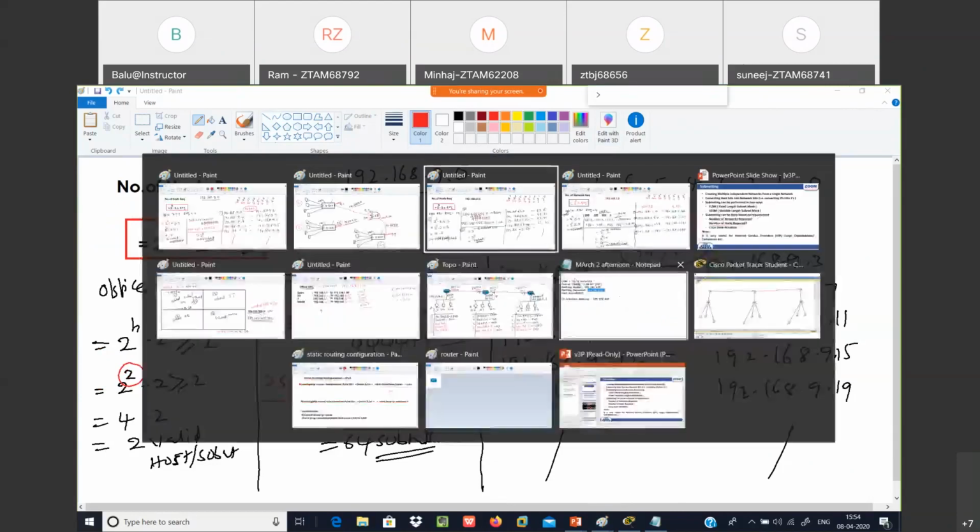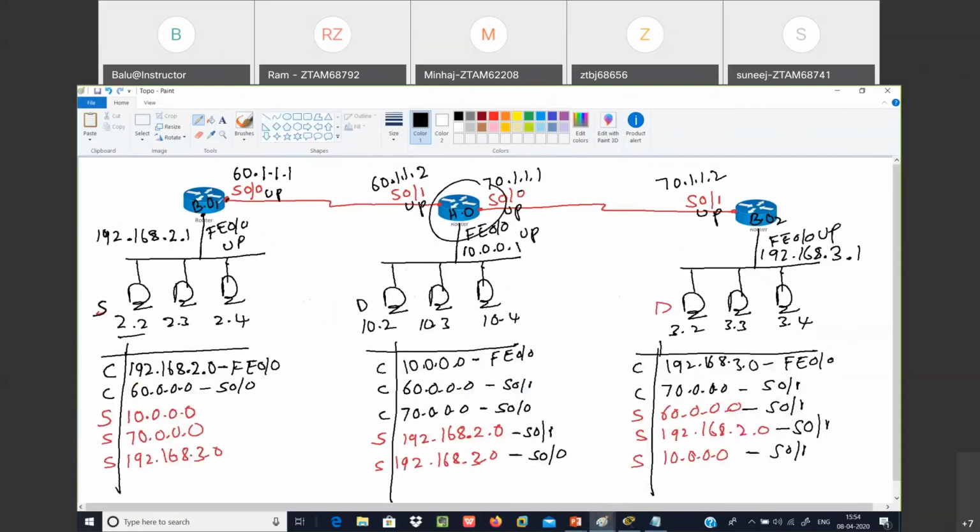Even in the last example, in yesterday's class, we discussed a topology: head office, branch office 1, and branch office 2. Between head office and branch office 1 you have a WAN link, serial 0/0, 0/1. Both should be in the same network. So here I'm using 60.111 and 60.112. I'm using only two IP addresses, but even if I'm using class A, a very large number of IP addresses, how many IPs are wasted?